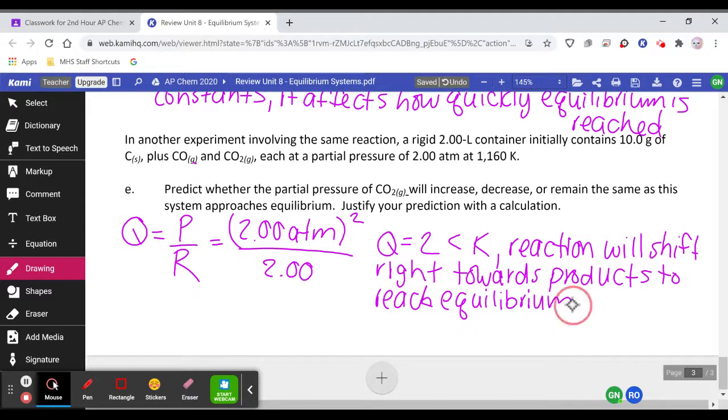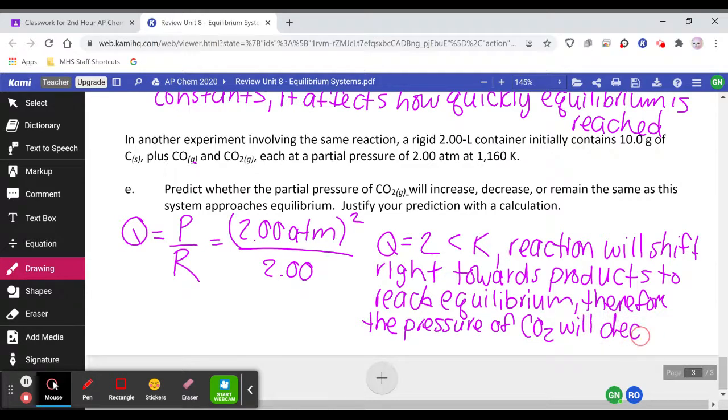If we're shifting right, how is that going to affect our pressure of CO2? Decrease. Good. Okay, and that's it.